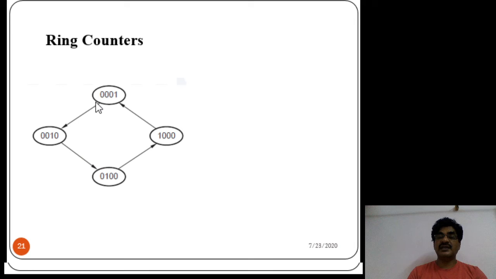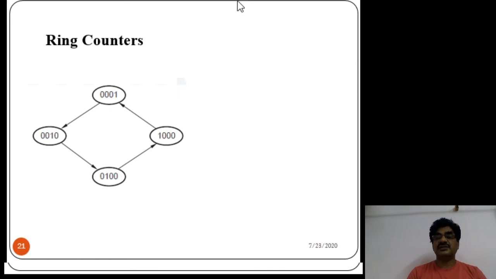Let us see, this is the initial state. The 1 is placed in the LSB position, the least significant bit position. Whenever the clock pulse is applied, it goes to the next state. In the next state, the 1 is moved towards the left side by 1 bit. Here you observe the 1 is moved to the next higher position.